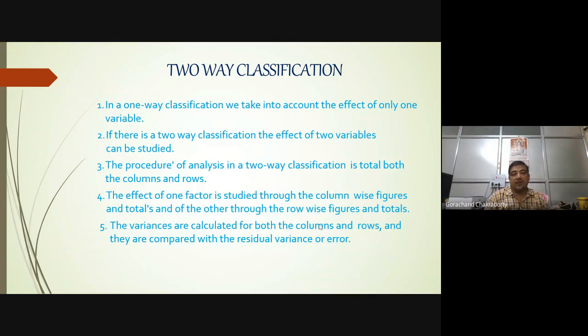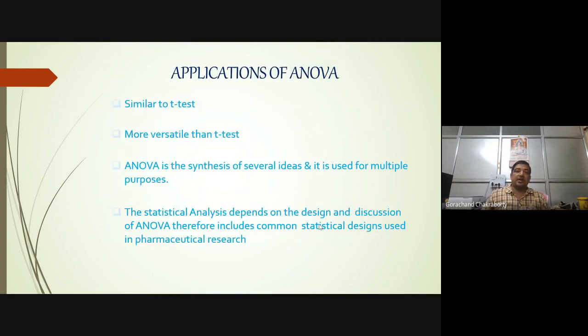The effect of one factor is studied through the column-wise figures and totals, and of the other through the row-wise figures and totals. The variances are calculated for both the columns and rows, and they are compared with the residual variance or error.